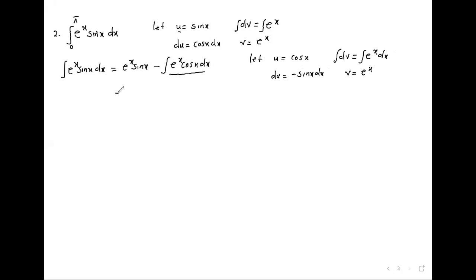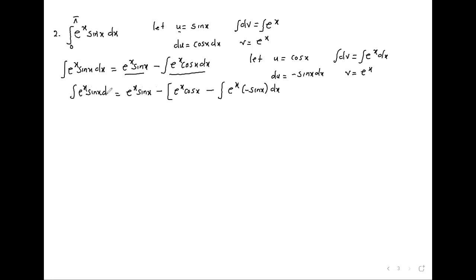Then substitute, so we have e to the x sine x, minus the integral of this, which is uv, e to the x cos x, minus the integral of v du. Now v is e to the x, du has a negative sine x, and then dx. Now we are tired of integrating.